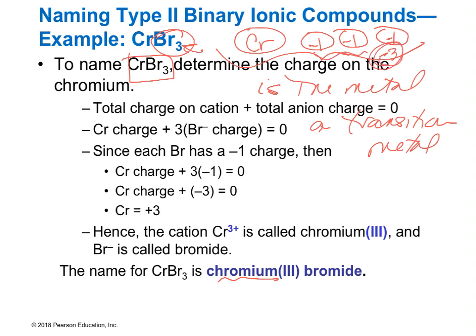So my total positive charge has to be +3, which means chromium has a +3 charge. So that's where the Roman numeral 3 is coming from in the name. And just like binary ionic compounds, the final non-metal name ends in -ide.